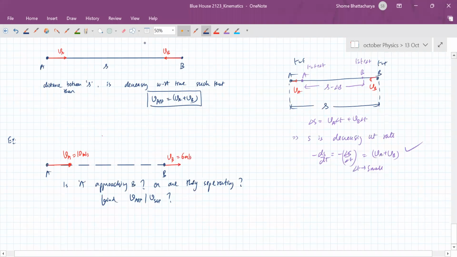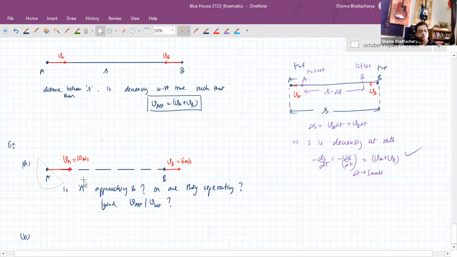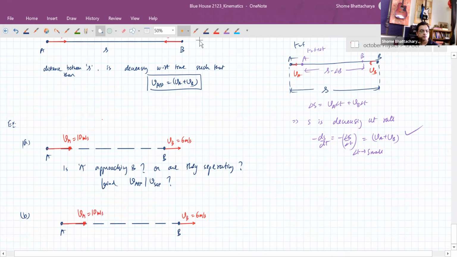Let's do another version of this same question. Yes, Vedant, that's correct.